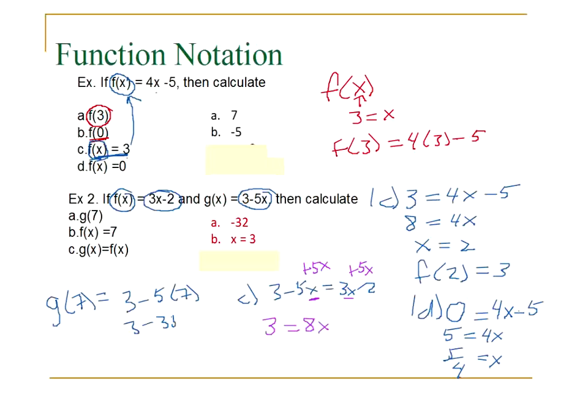And I get 3 equals 8x minus 2. Then I can add 2 to both sides, and I get 5 equals 8x, and divide both sides by 8. When x equals 5 over 8, I get the same answer in both of these equations. So I get x equals 5 over 8. That solves for x in this equation.